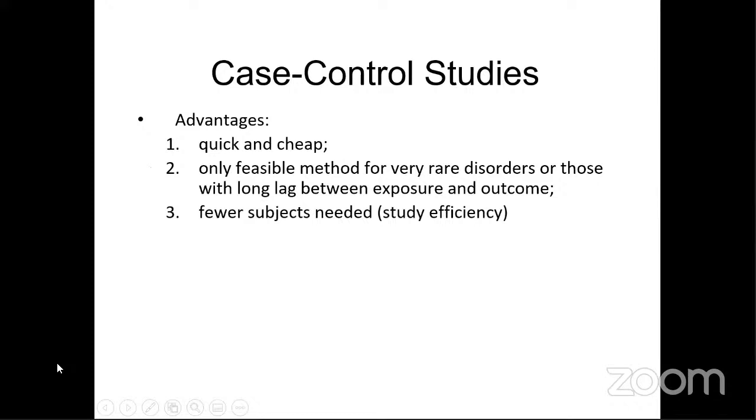So advantages of your case control studies. They're quick and cheap, unlike your cohort, which is quite costly. For rare diseases, it would be the only feasible method, or for those with a long lag between exposure and outcome. And you need fewer subjects.